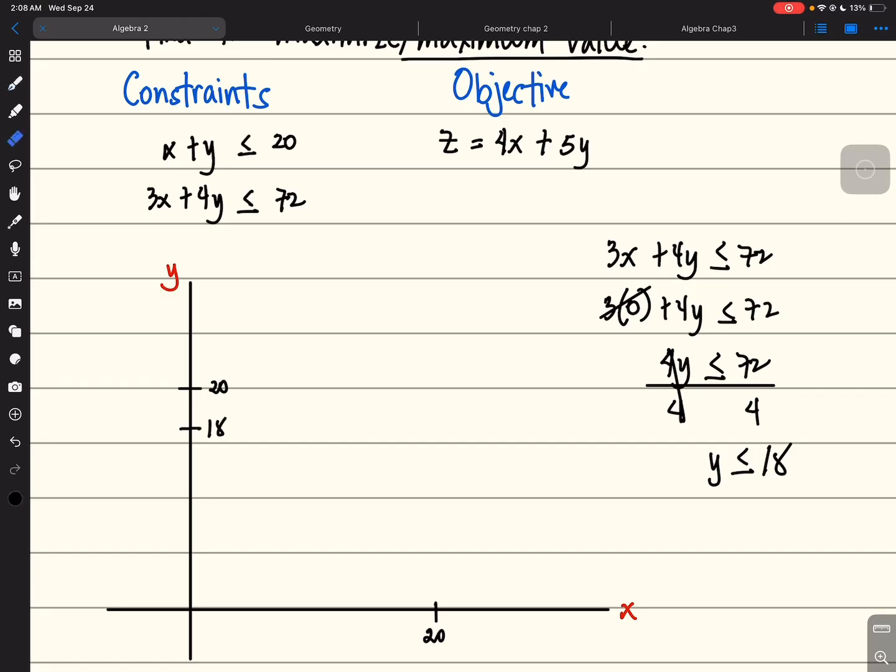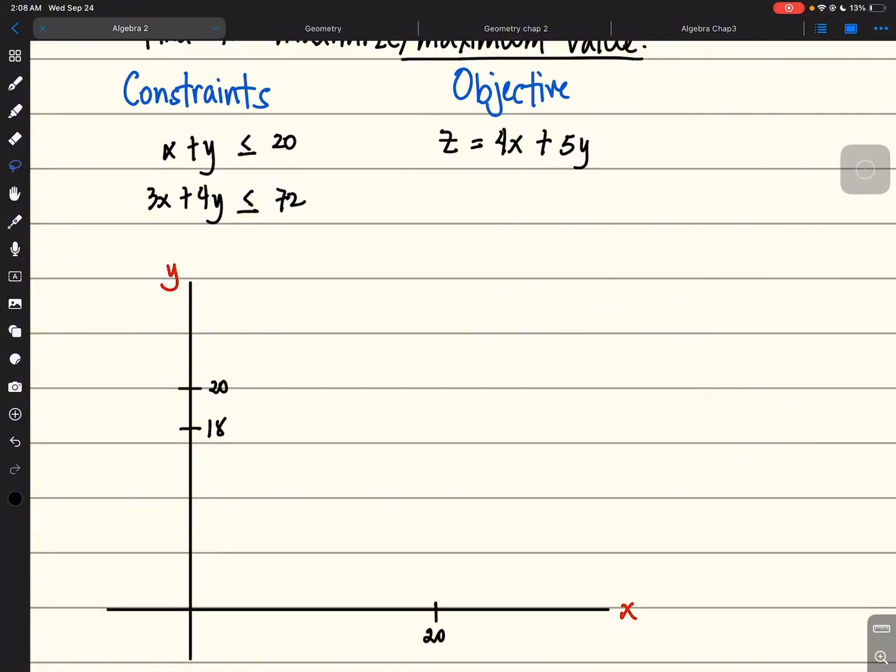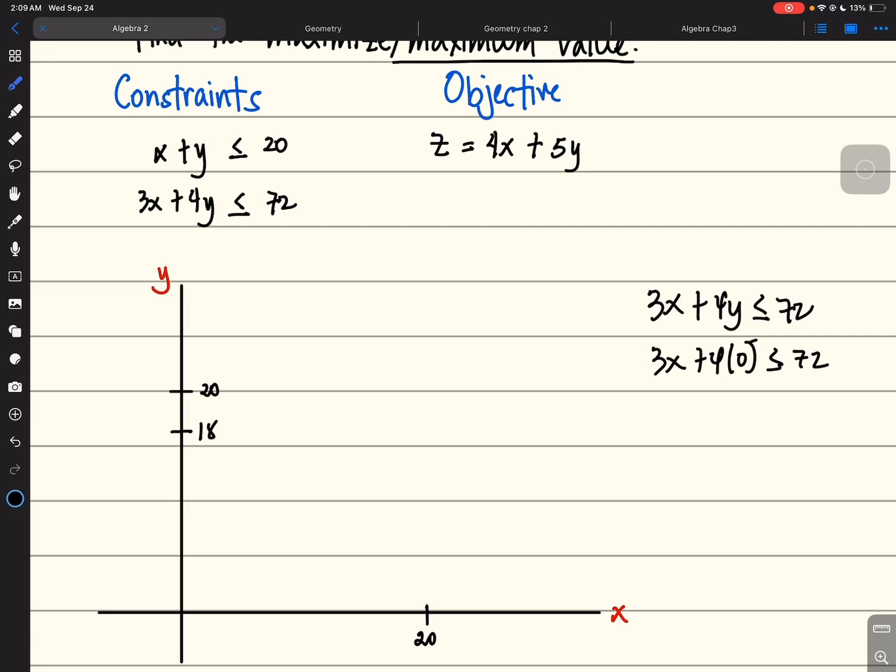How about the x-intercept? Same process, substitution. So let's rewrite 3x plus 4y less than or equal to 72: 3x plus 4 multiplied by 0 is less than or equal to 72. And we all know this is already eliminated. So 3x less than or equal to 72.